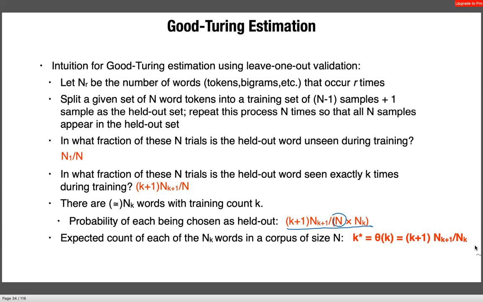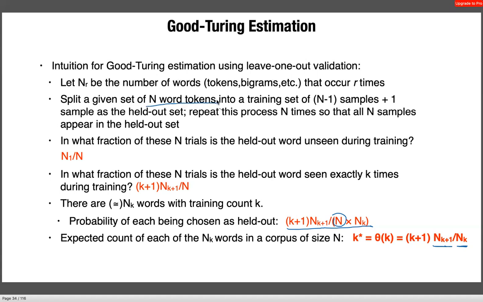So this is exactly what the Good Turing estimation is, because it's trying to find an expected frequency in a held out set of words based on counts like nk plus 1 by nk, which you are estimating from an observed set of words. So your observed set of words are your n word tokens, right?